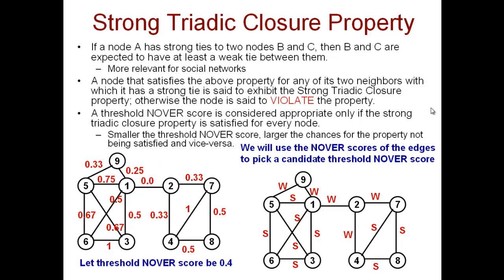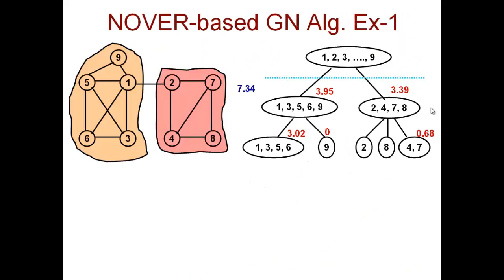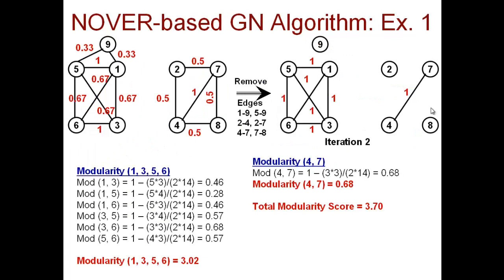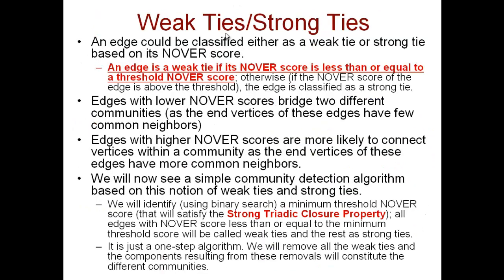Okay. Now, if you compare this with the Girvan-Newman approach, it may not be as good in modularity, because the Girvan-Newman approach gave us 7.34. It partitions the network into 13569 and 2478 as the most modular communities, and the modularity score in total is 7.34, which is more than what we got here with 5.26.